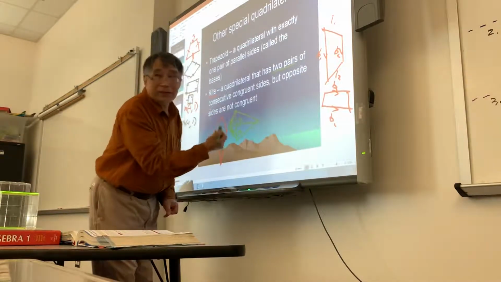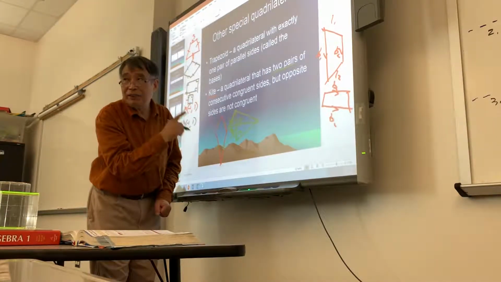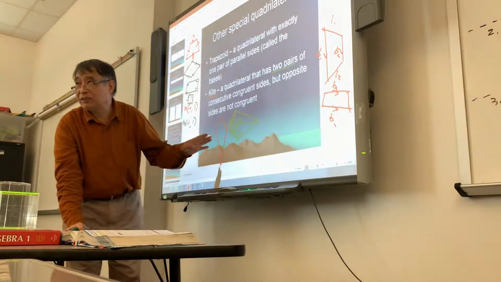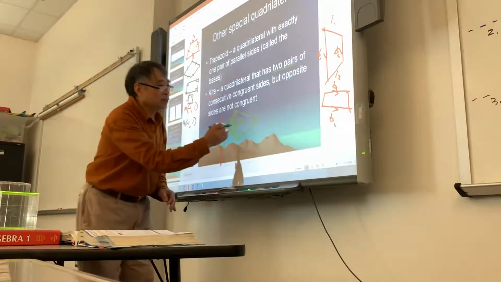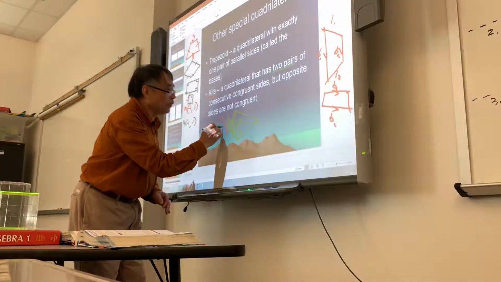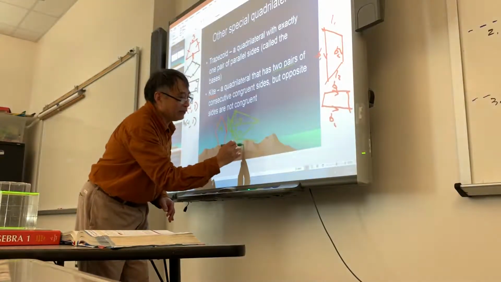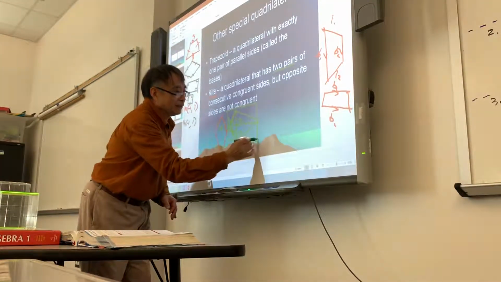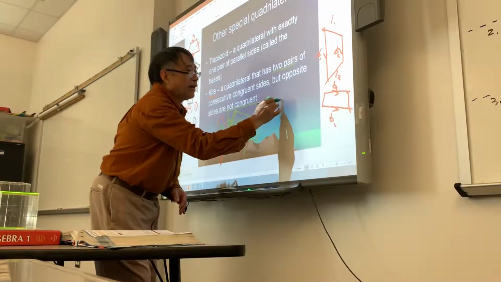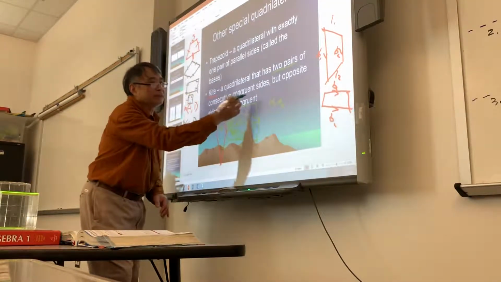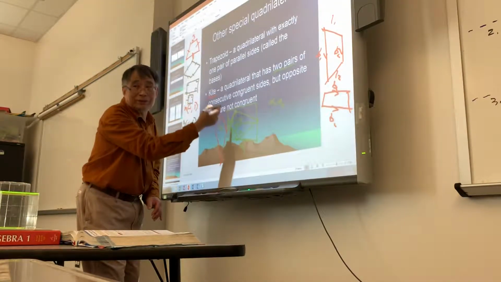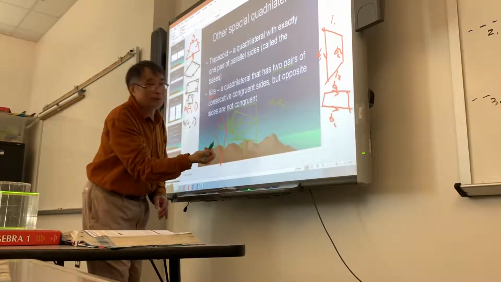So diagonals are a very useful tool to find the area of kites. If this is diagonal 1 and this is diagonal 2, diagonal 1 times diagonal 2 is the area of the rectangle.